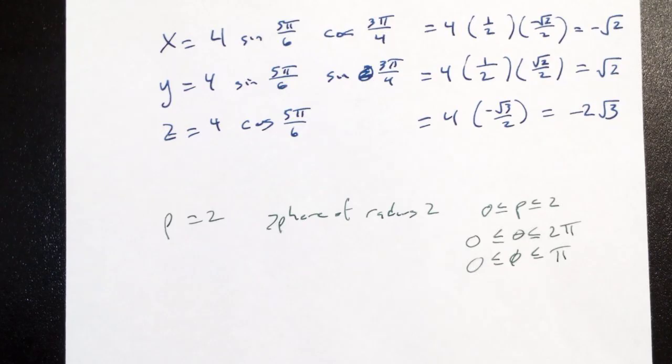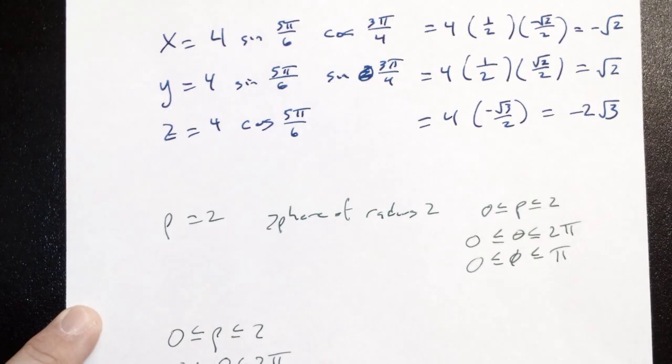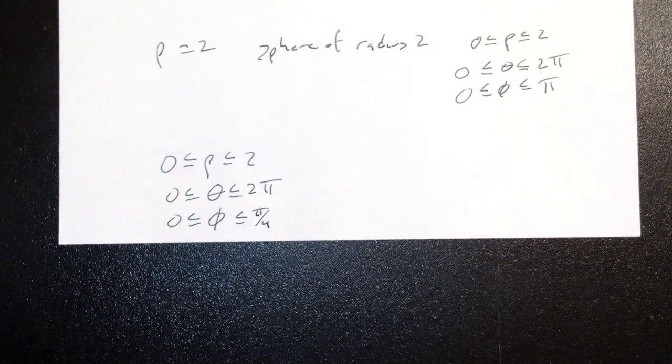Now, what if I told you, instead of phi going from 0 to pi, I want phi to go from 0 to pi over 4? What shape does that make? Not just the dome, but the inside of it as well, right?